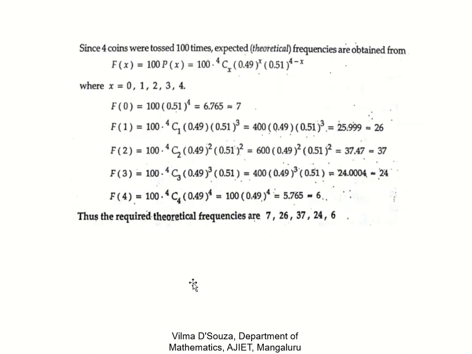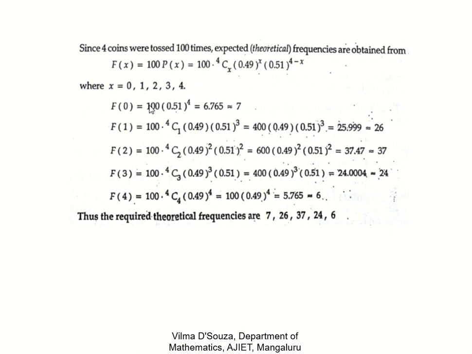Now, since 4 coins were tossed 100 times, the expected frequencies are obtained by multiplying p of x by 100. So f of x is 100 into p of x, where x is equal to 0, 1, 2, 3, 4.